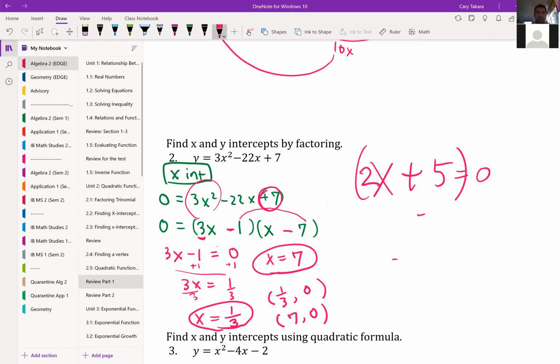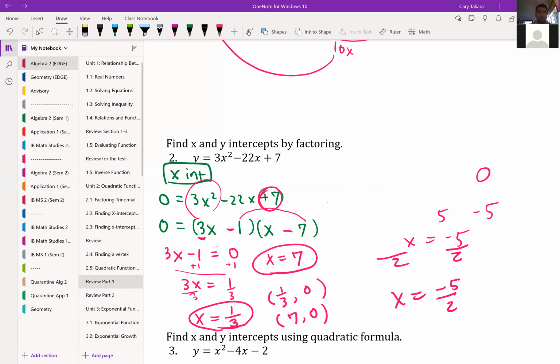That means you have to subtract 5, 2x equals -5. Divide by 2, divide by 2. So x will be -5/2. It's not going to be just the opposite number. Is everybody okay on that?